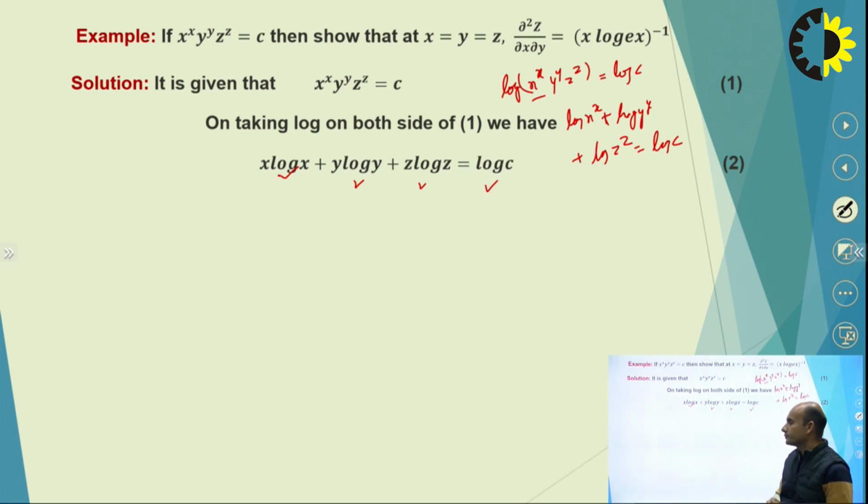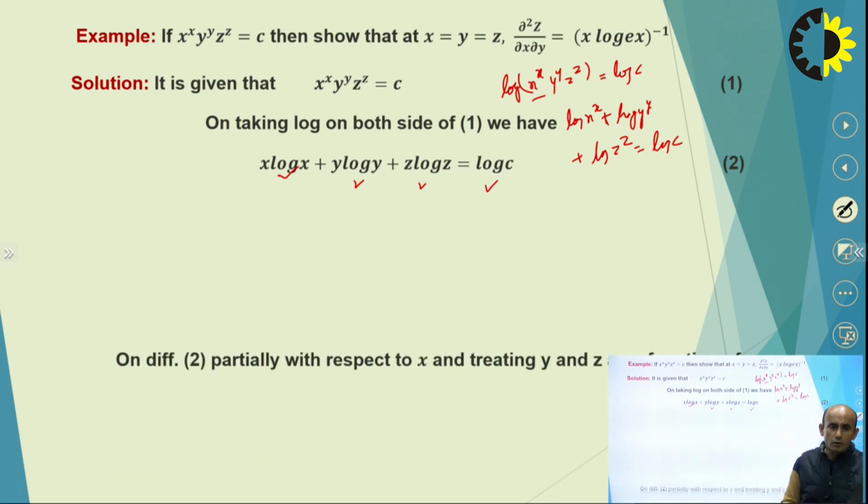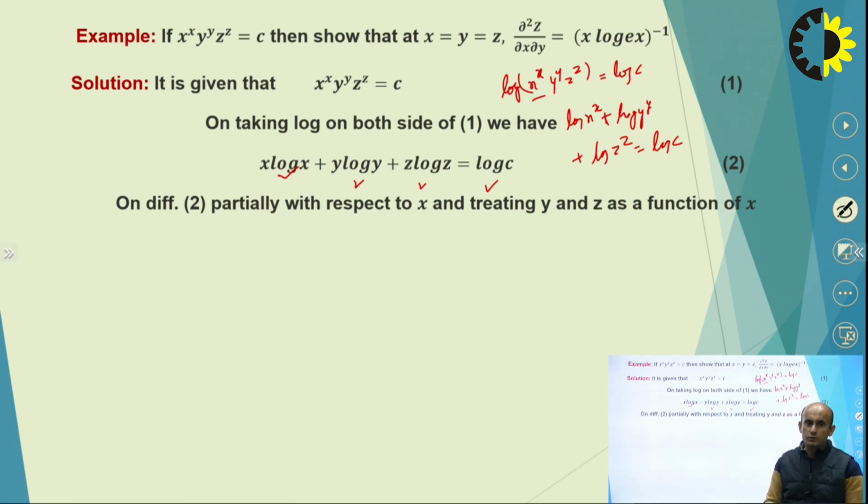Now we have to differentiate this one with respect to y, or we can differentiate this one with respect to x also. We have a similar kind of function here, symmetry here.